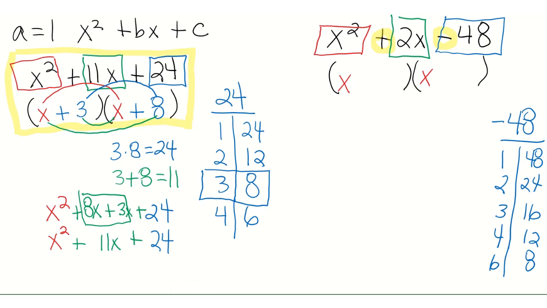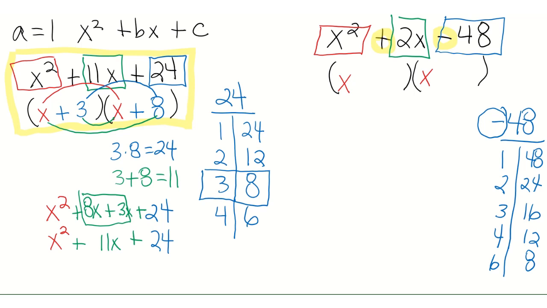So when I'm choosing my factors to figure out what to add, I'm actually doing a subtraction problem, because this is a negative number. Instead of adding these together, I'm going to see when I subtract these two, what is going to give me a positive 2.